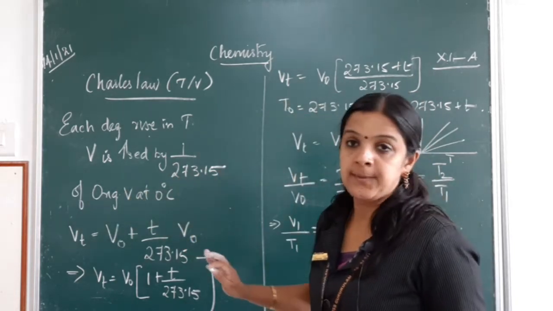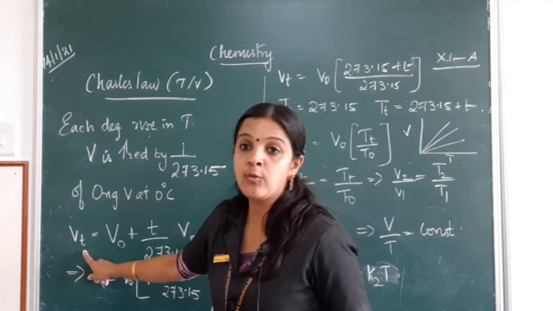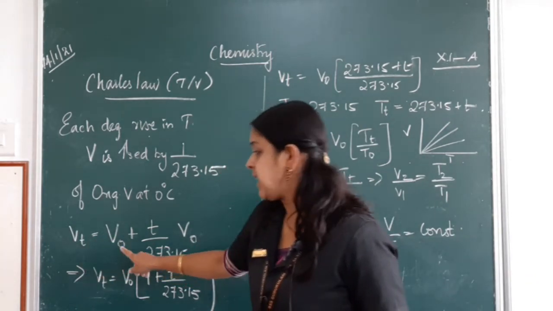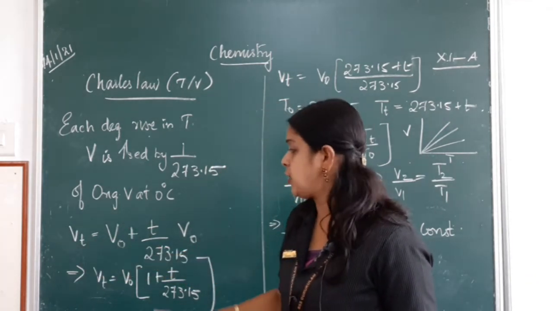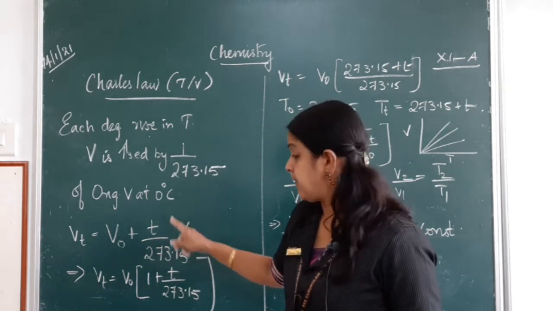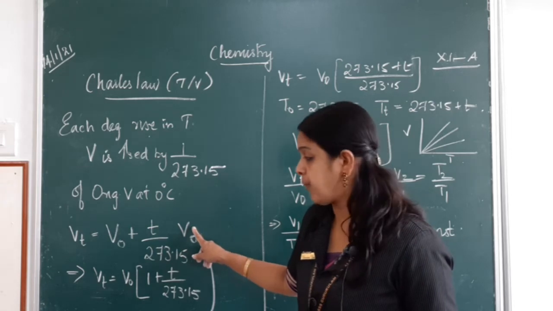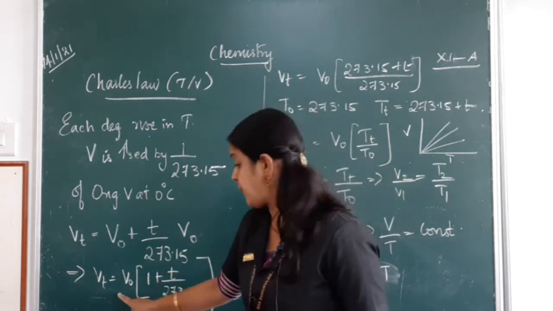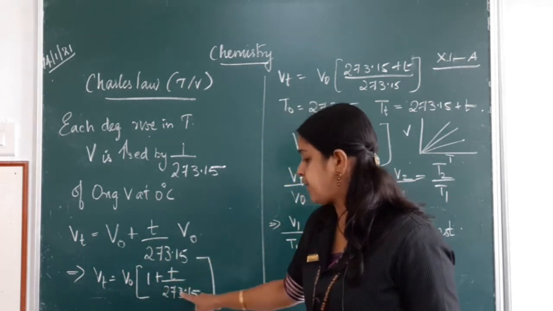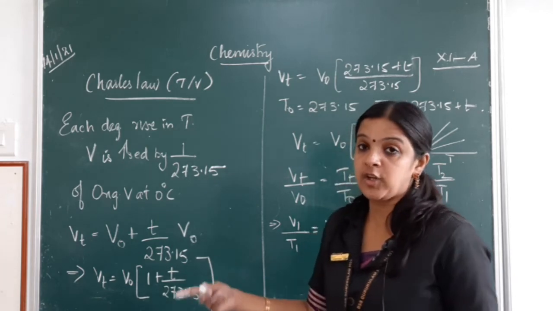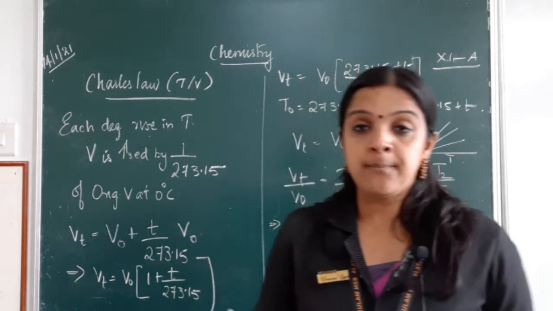What does this mean? If Vt is the final volume at final temperature and V0 is the initial volume, the increase will be T by 273.15 into V0. So Vt will be V0 into 1 plus T by 273.15.